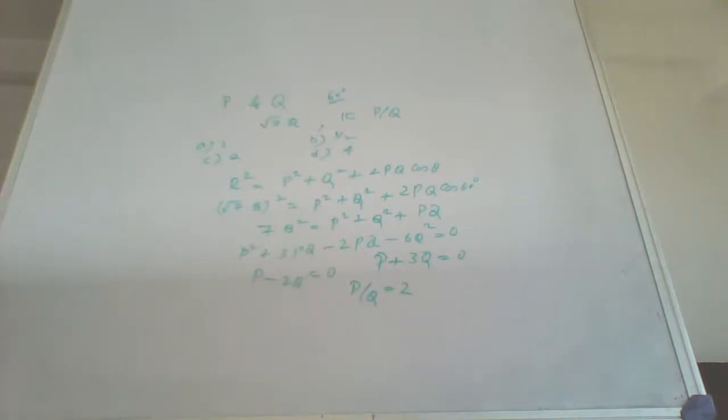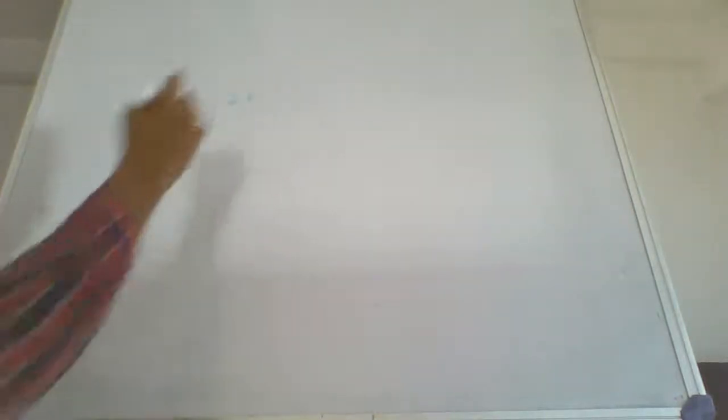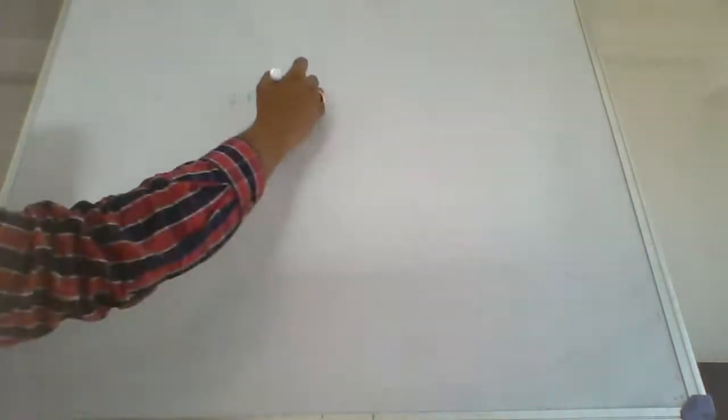Let us try to solve another problem. I have a vector with components 2P and 1 with respect to a rectangular Cartesian system.